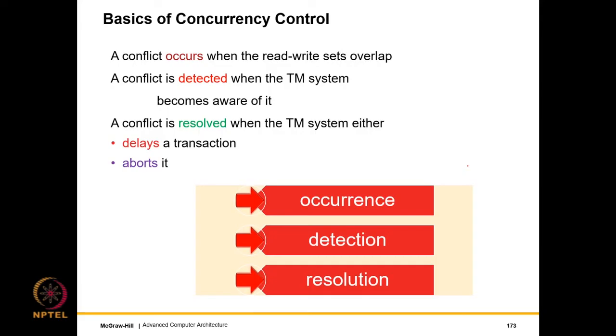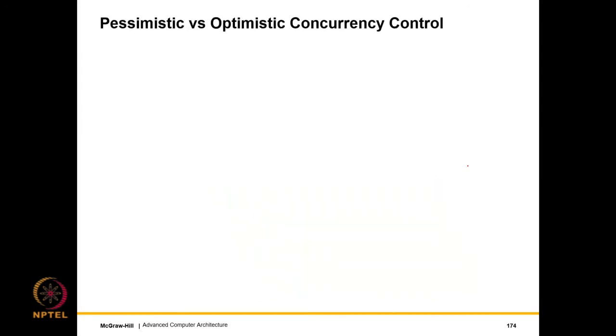And resolution of a conflict. So there has to be a means to resolve a conflict. All right. So that is the key idea, that we see a conflict happening, we need to detect and resolve.